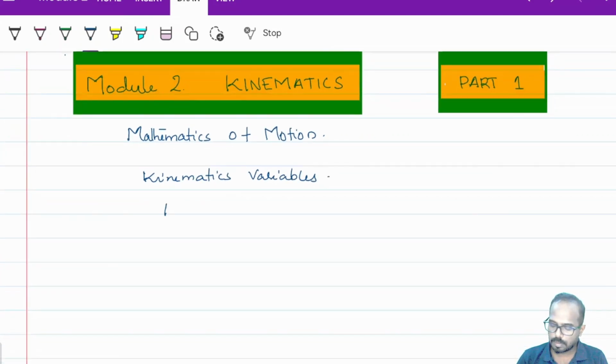First one, position. Second, distance. Third, displacement.